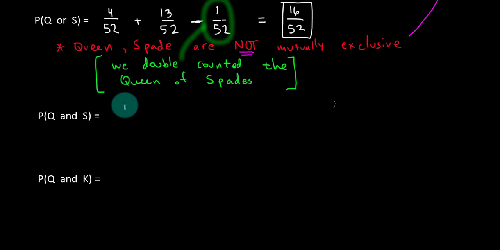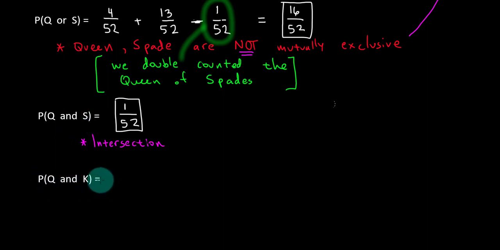So there is only one card that has both those qualities out of the 52 cards. This is sometimes called an intersection of events. This is the intersection between the event of selecting a queen and selecting a spade.